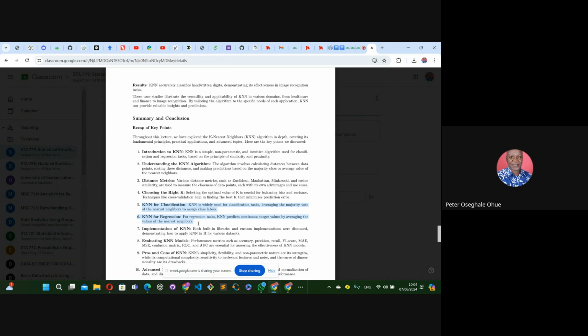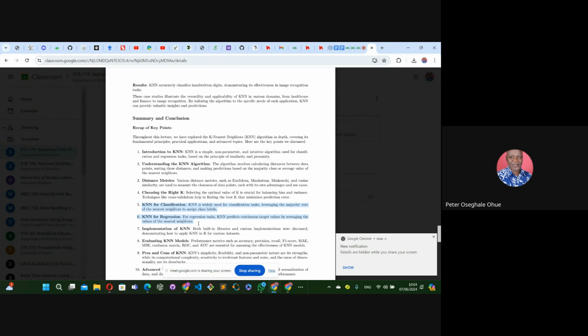It says KNN is widely used for classification tasks, leveraging the majority votes of the nearest neighbors to assign class labels. So if you want to use it as a classifier, you benchmark, you find your K values, and at the end of the day, you choose the one that has a majority.